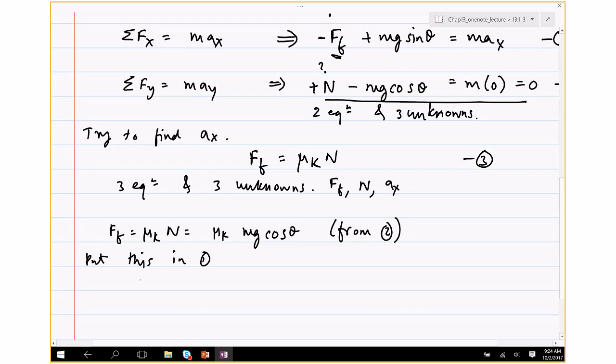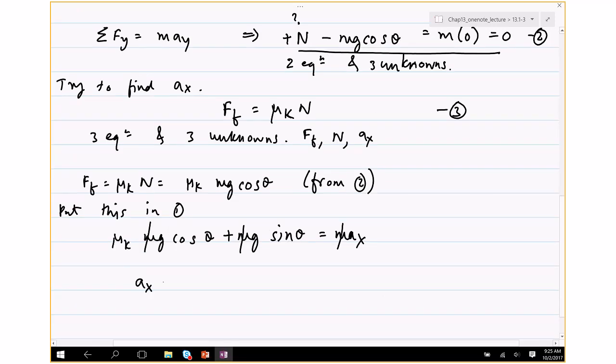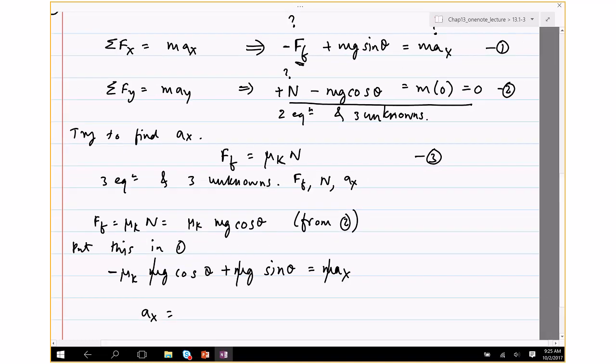So mu k mg cosine theta plus mg sine theta equals max, and then I can cancel off m. What I'm left with is ax is, I think I made a mistake, this should be negative. Okay, so this is g sine theta minus mu k g cosine theta, where theta is 30 degrees.